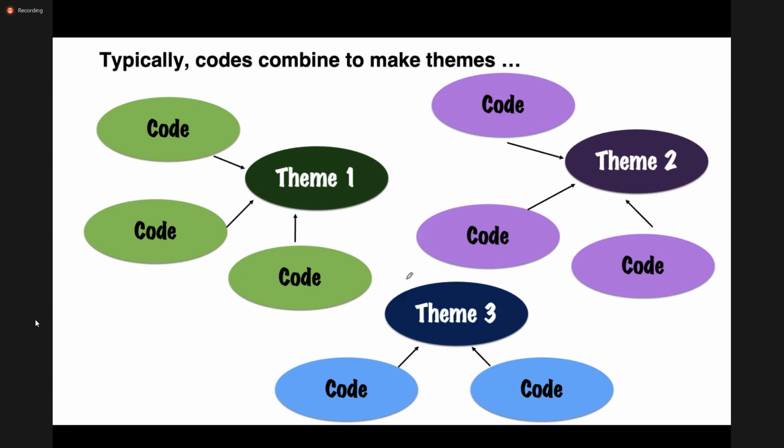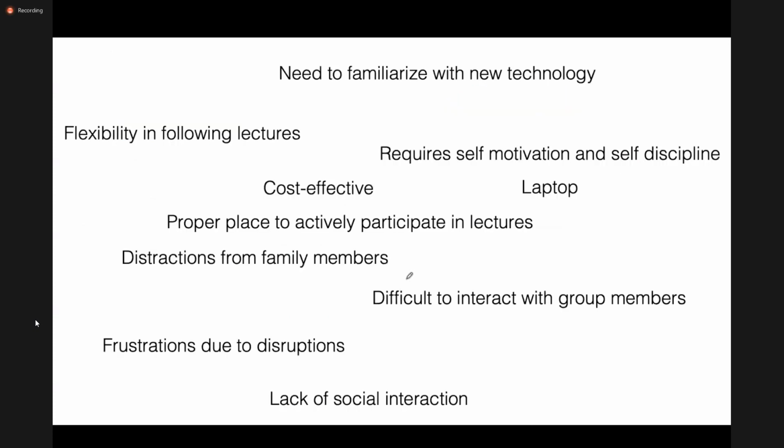Some of these other codes talk about maybe, I don't know, attitudinal barriers to health and safety. So likewise, we might be able to identify common themes that are relevant to several different groups.